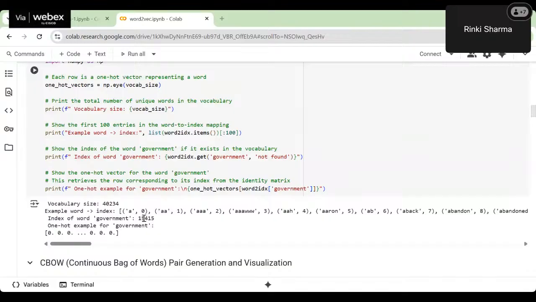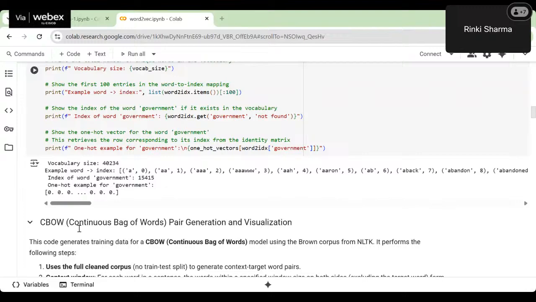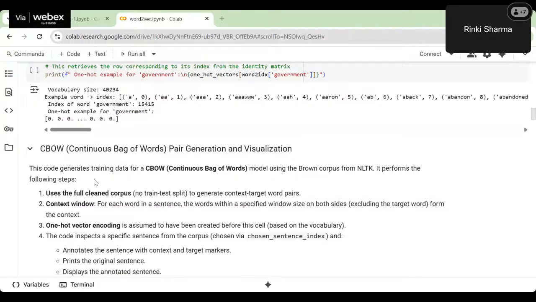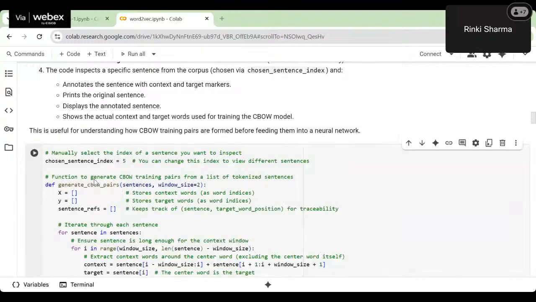So after generating the one-hot encoded vector for each word in the vocabulary and defining our vocabulary, now we generate the context and target pairs for both the models. First, we will generate it for the CBOW model. So here, what we did is we start by choosing a sentence.